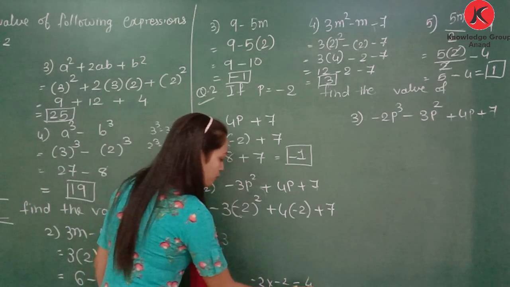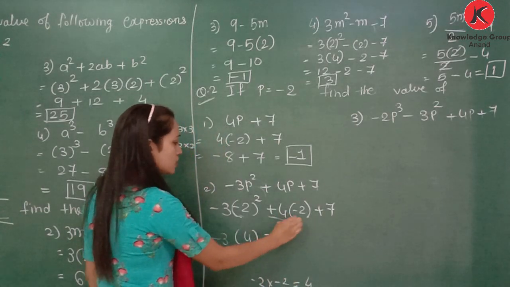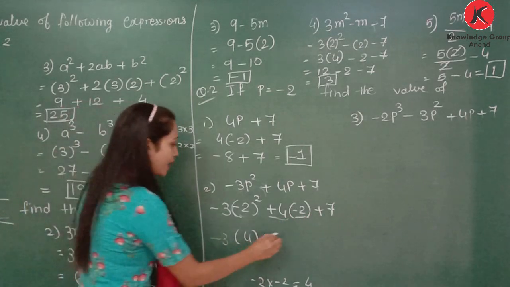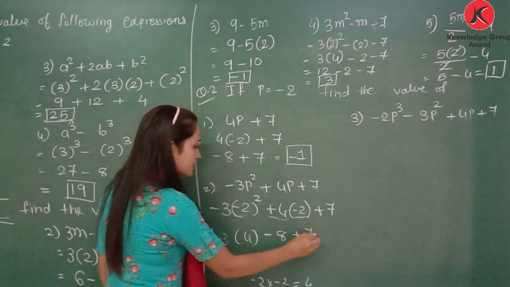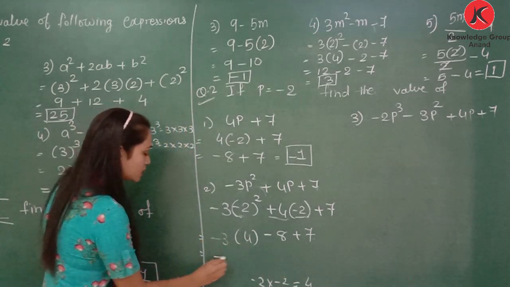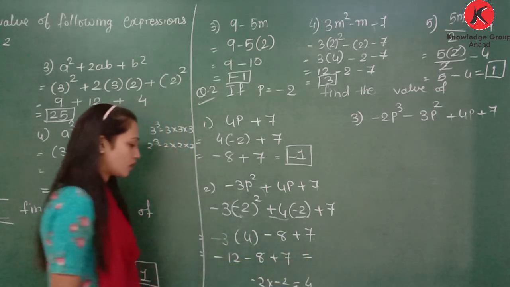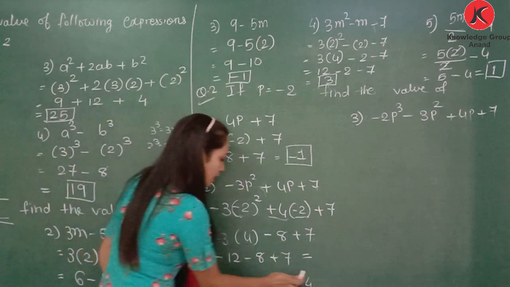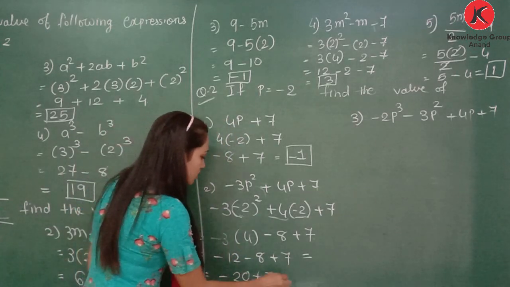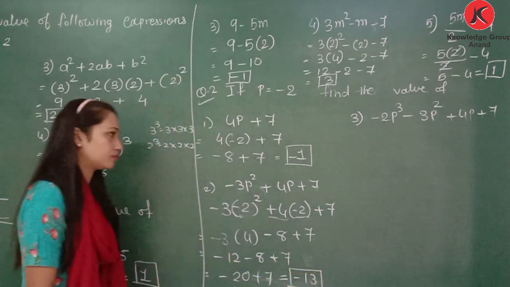That is plus 4. 4 that is positive, and minus 2 multiply 4 that is minus 8, plus 7. Here minus 3 multiply 4 that is minus 12, minus 8 plus 7. Minus 12 minus 8 is minus 20, plus 7 is minus 13. So that will be our answer.